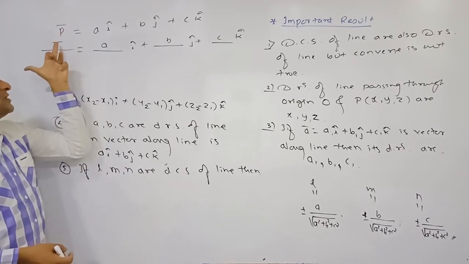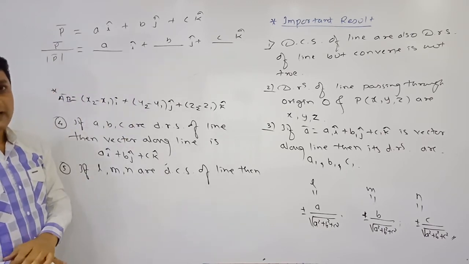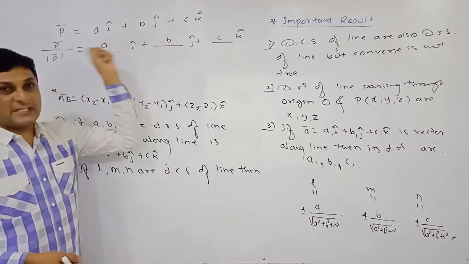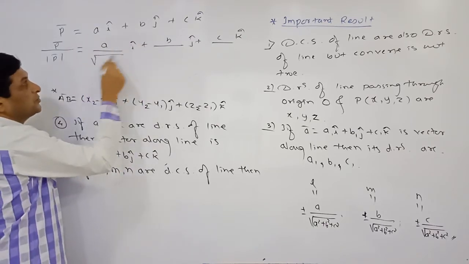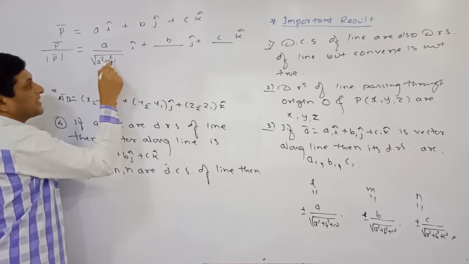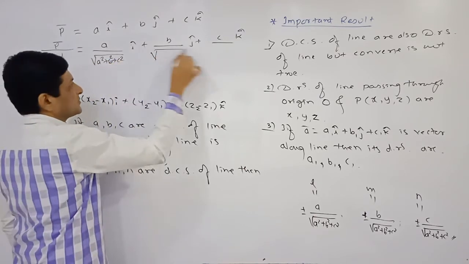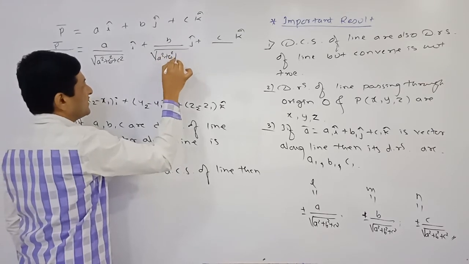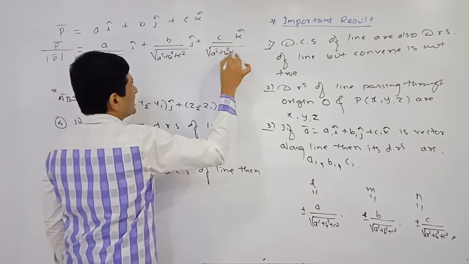Now I am dividing this vector by its magnitude, so on this side also we divide by the magnitude. Since this vector is already in Cartesian form, its magnitude is under root a square plus b square plus c square. That is the magnitude of p bar.